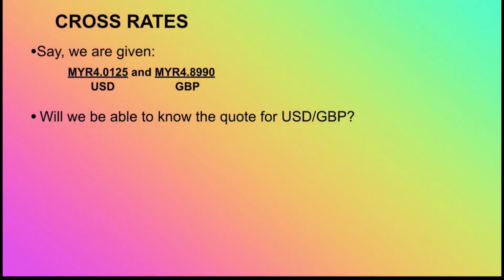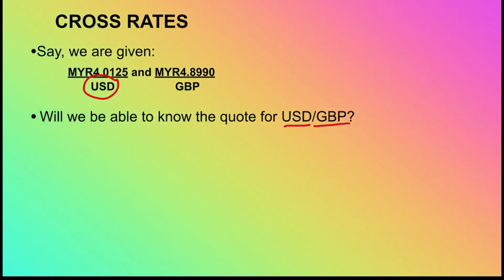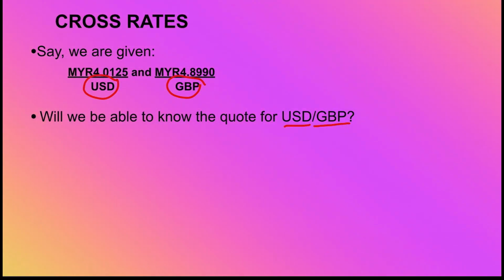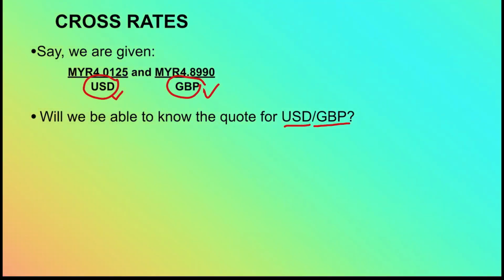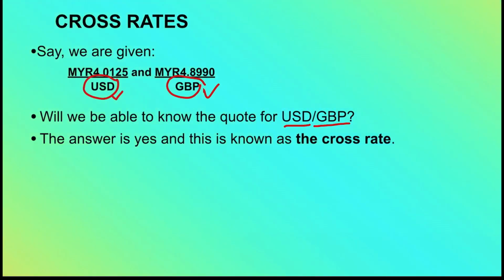Will we be able to know the quote for US dollar per GBP? From here, we get the Malaysia Ringgit per US dollar and Malaysia Ringgit per GBP. So we should be able to know the quote for US dollar per GBP. The answer must be yes. And this is known as the cross rate.